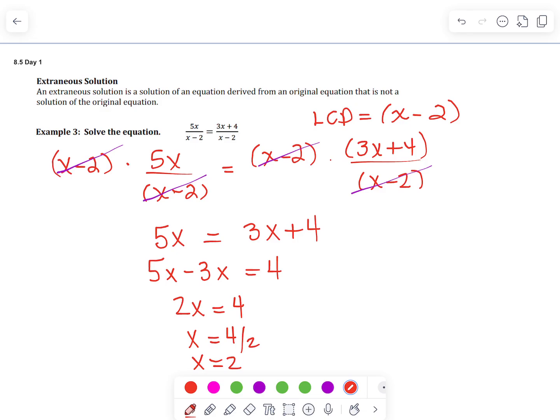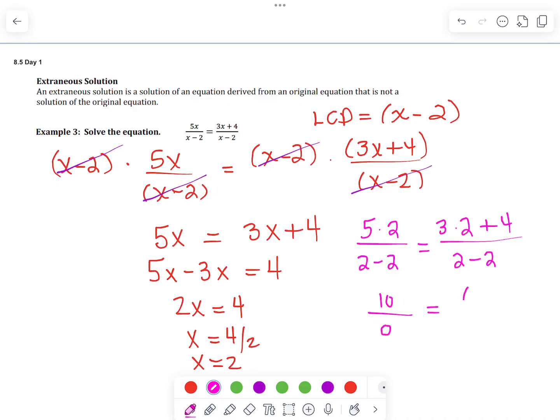Then what we want to do is check that solution. So 5 times 2 divided by 2 minus 2. 3 times 2 plus 4 all over 2 minus 2. And we get a 10 in the numerator, and then, in the denominator, a 0.